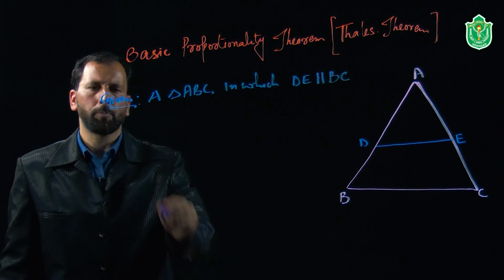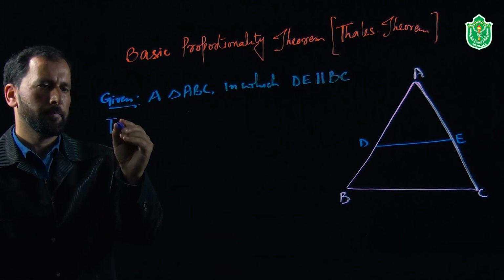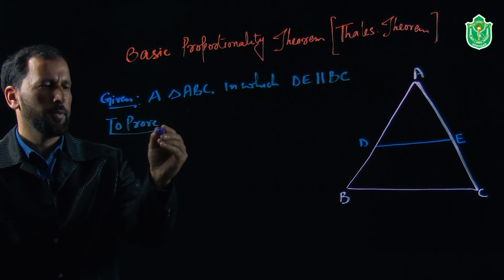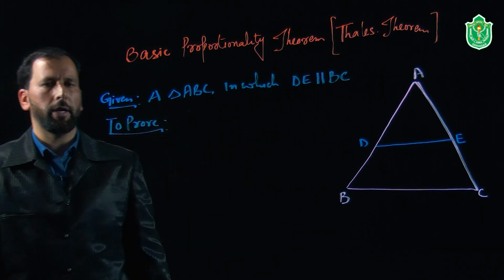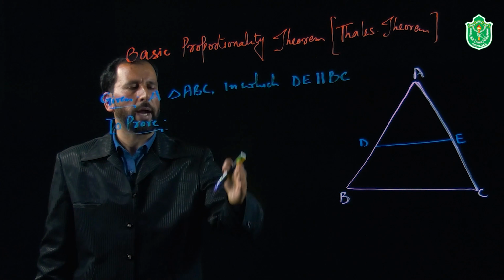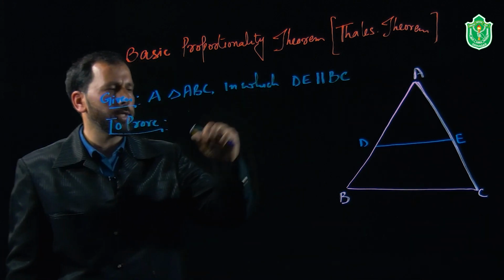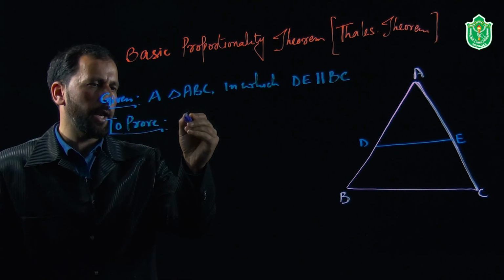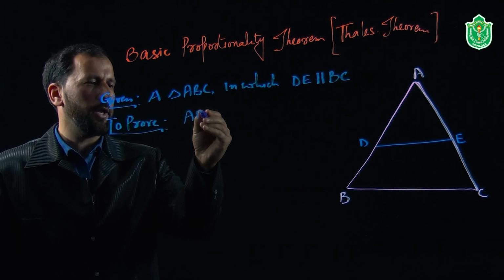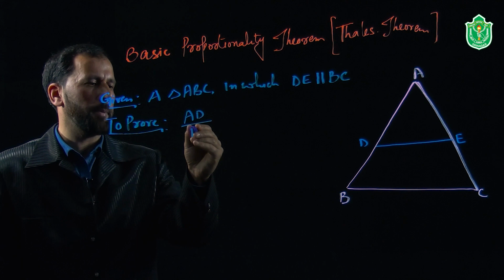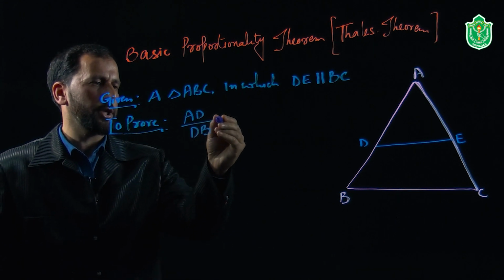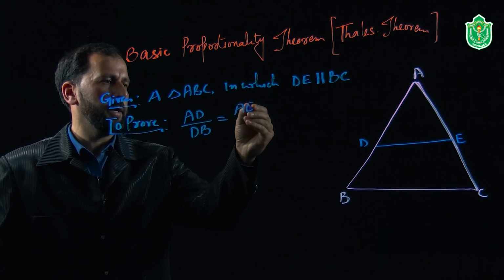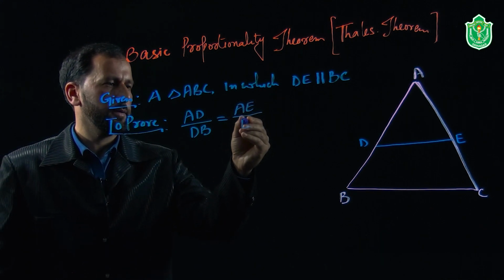Then to prove, this parallel line DE divides the two sides AB and AC in the same ratio. That is, we have to prove here AD by DB is equal to AE by EC.